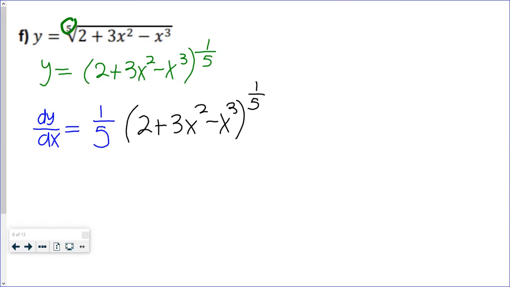I have to remember to subtract 1 from that. But I can't stop there. And often students stop there, and they forget that this is the chain rule. So we have to take the derivative of the inside. So all of that, I'm going to multiply by the derivative of the inside, which is 6x minus 3x squared.